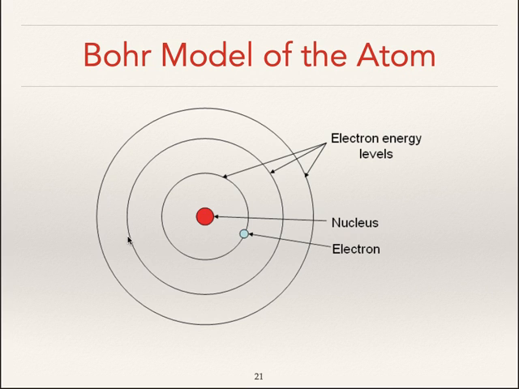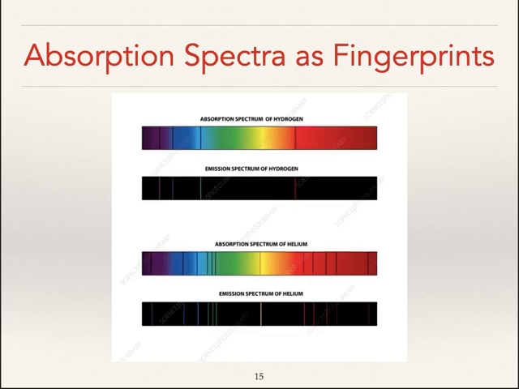Bohr's model described the emission spectrum of hydrogen exactly. Using some math that we don't get into, Bohr was able to predict or account for this color of red light that hydrogen emits.